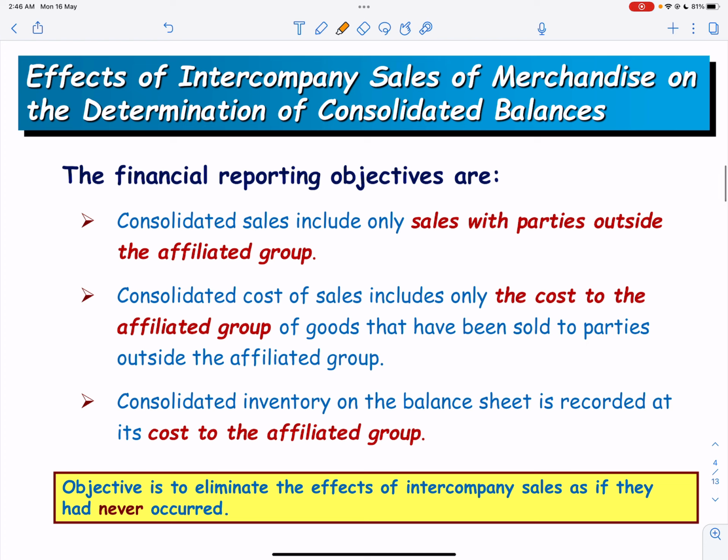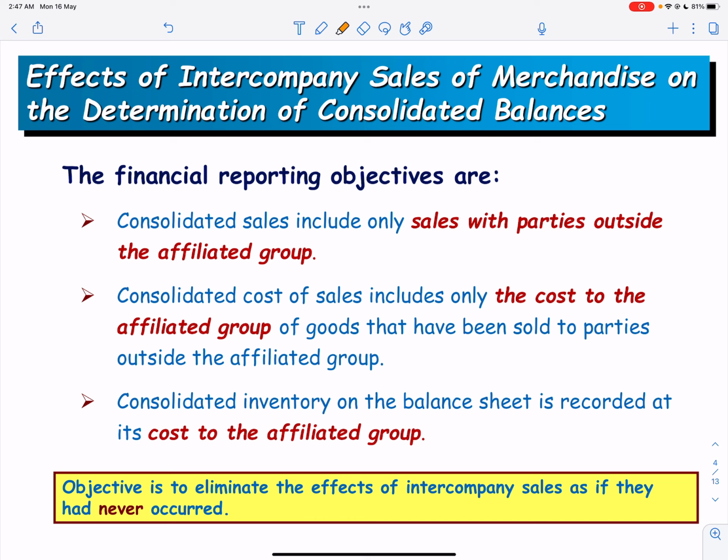Any profit or loss generated by intercompany sales between the parent and subsidiary or between one subsidiary and another subsidiary must be eliminated. While preparing the consolidated financial statements, the intercompany sales must be eliminated from the total sales of the consolidated entity. Only the sales to third party outside the affiliated group will be recorded in the consolidated financial statements.